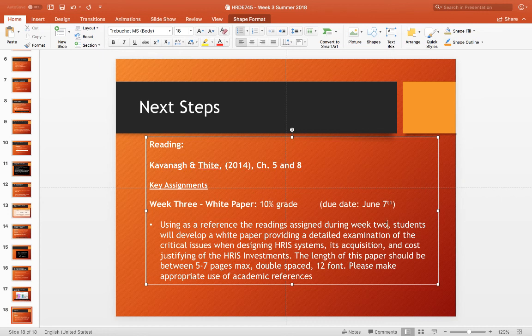It should be 5 to 7 pages. I really want you to focus on critically analyzing these two chapters and come up with your assessment of these topics, and make sure that you're not just copying from the book, but actually driving some critical, analytical thinking on these chapters.